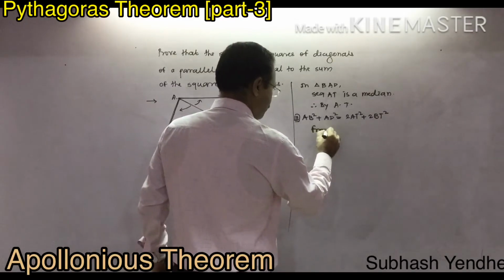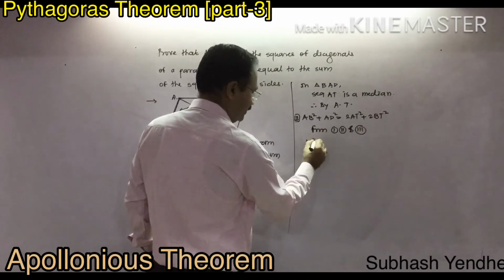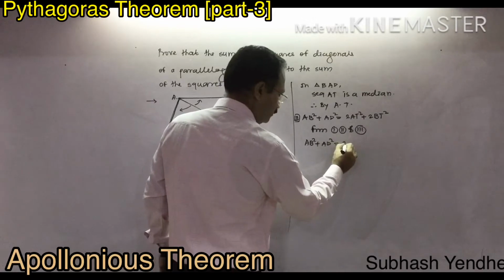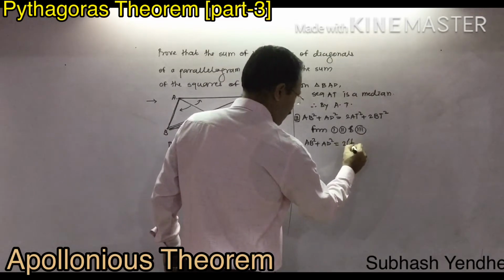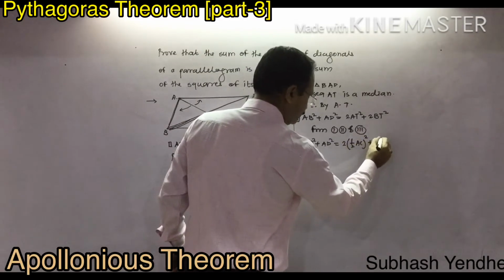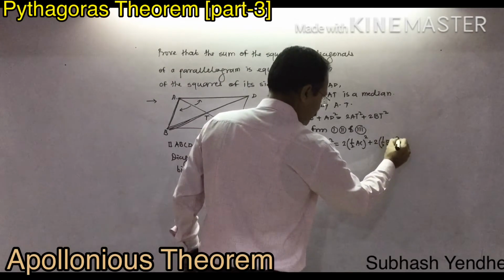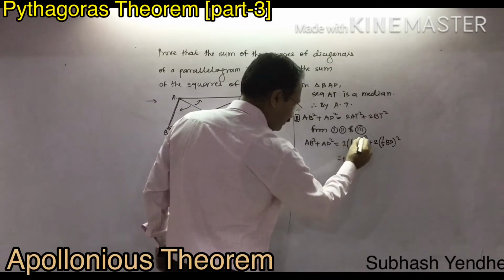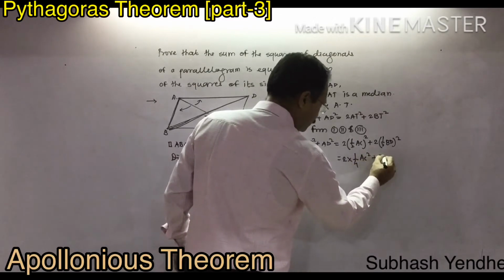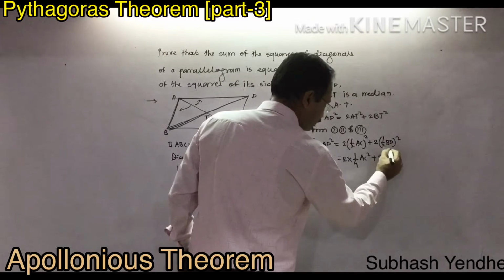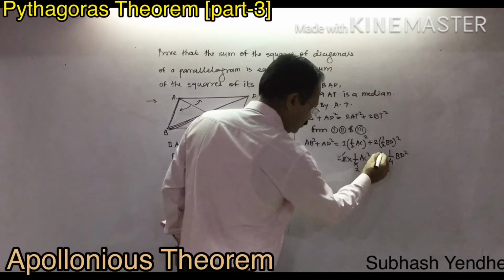Now substitute the values of AT and BT. From 1, 2 and 3 you will get AB square plus AD square equals 2 as it is. AT's value is half AC, so half into AC, whole square, plus 2, as it is. Again BT's value is half BD, the whole square. 1 square is 1, 2 square is 4, into AC square, plus 2 into 1 square is 1, 2 square is 4, into BD square. 2 ones are 2, 2 twos are 4.